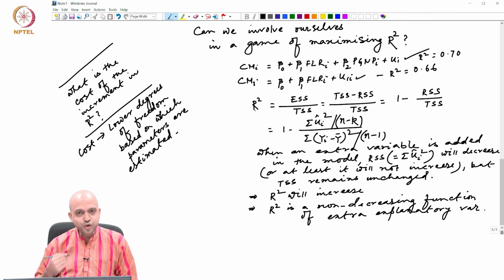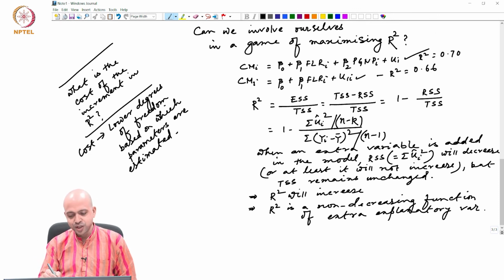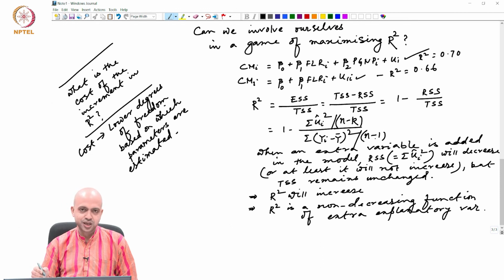That means R square will increase, but not like the previous cases. Earlier it was increasing more, but now I have adjusted the R square, that is the denominator and the numerator, both by their corresponding degrees of freedom. Since the denominator does not depend on the parameters, it is n minus 1 and remains unchanged.